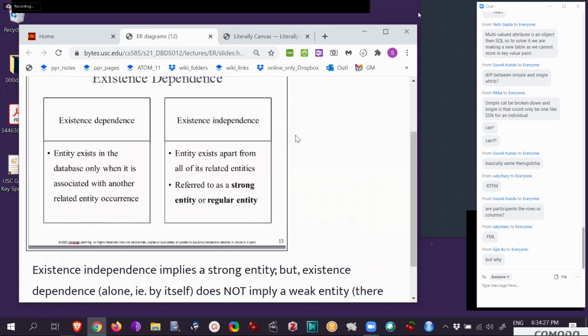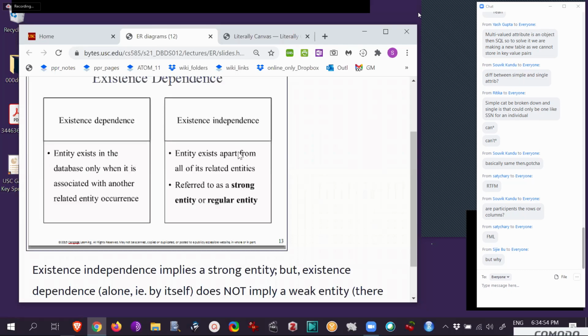What does existence independence mean? This means that an entity that is existence independent from all the other entities does not depend on any row, any key anywhere else. It can have a table full of data all by itself. If such a thing happens, and it's quite common in database design, such an entity that is independent is called a strong entity, or we call it a regular entity.